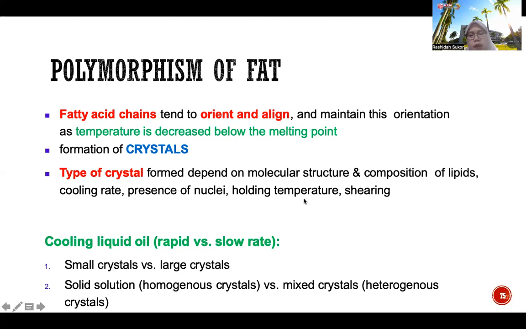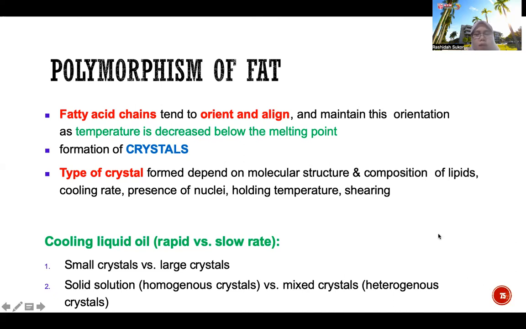And also the shearing, what type of shearing is given in the treatment of the fat changes. Cooling liquid oil, rapid versus slow rate will produce small crystal versus large crystal. And also the solid solution will have homogeneous crystal versus mixed crystal.